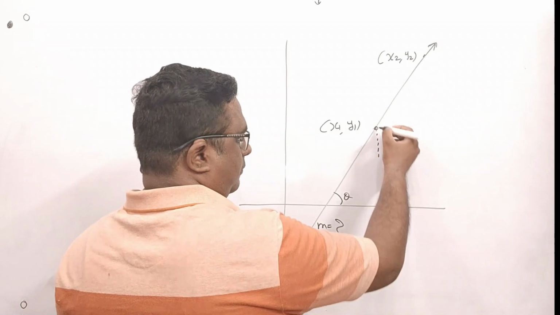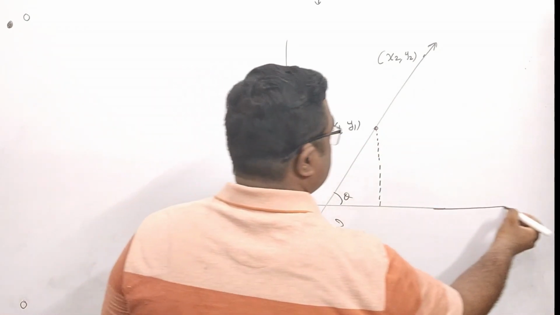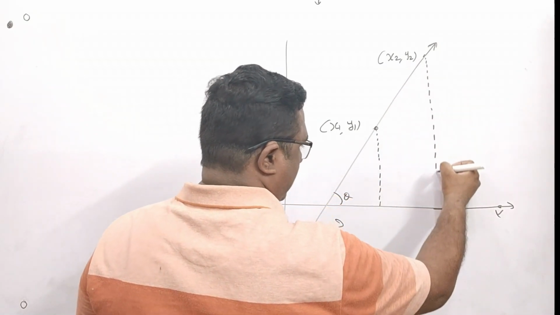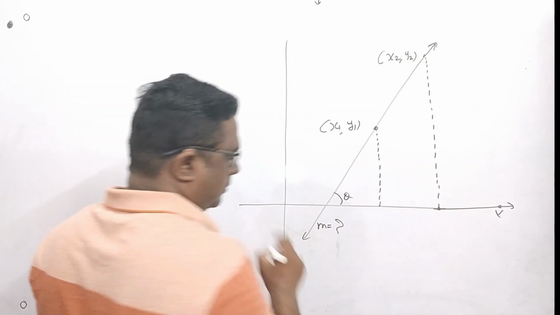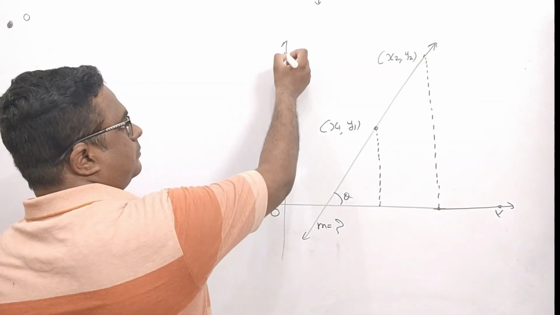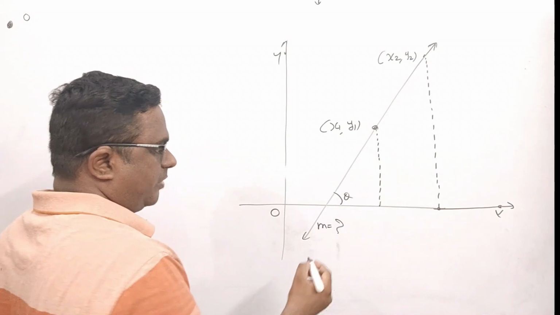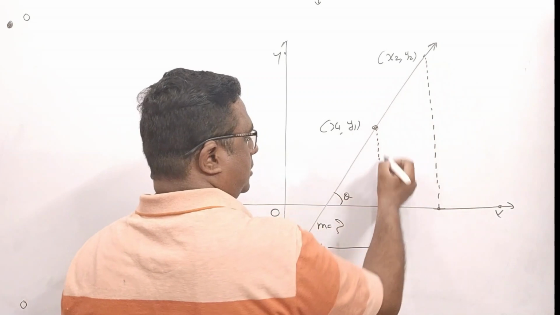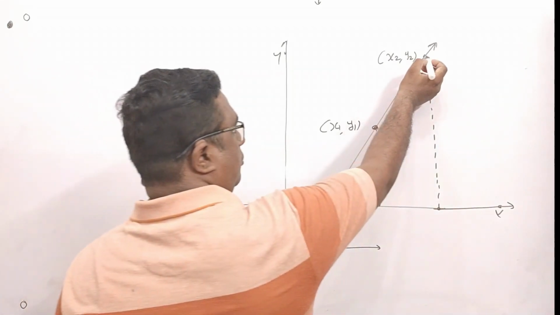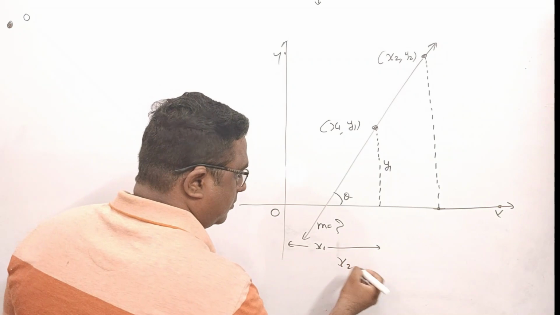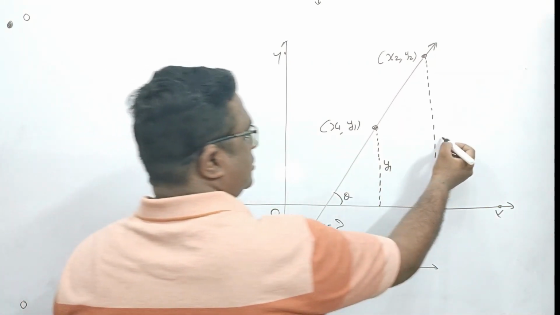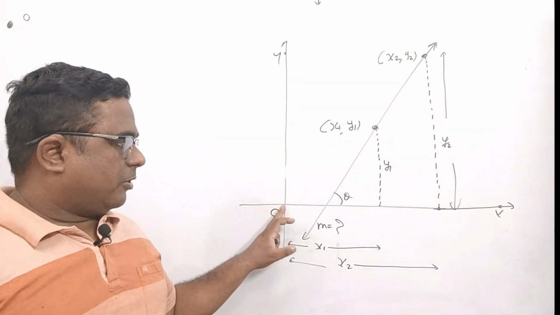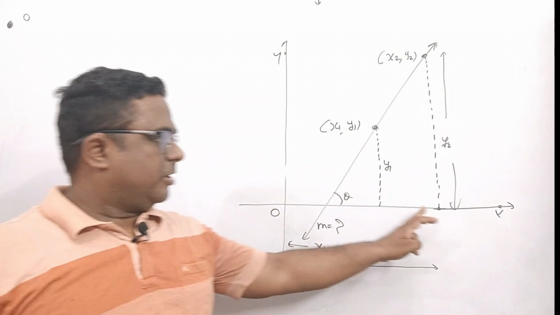If I draw perpendicular from this point to the x-axis and also a perpendicular from this point to x-axis, and it is origin here, its coordinates are x1 y1, so this distance will be x1 and this distance will be y1. Similarly, coordinates of these points are x2 y2, so this much distance is x2 and this much distance is y2.